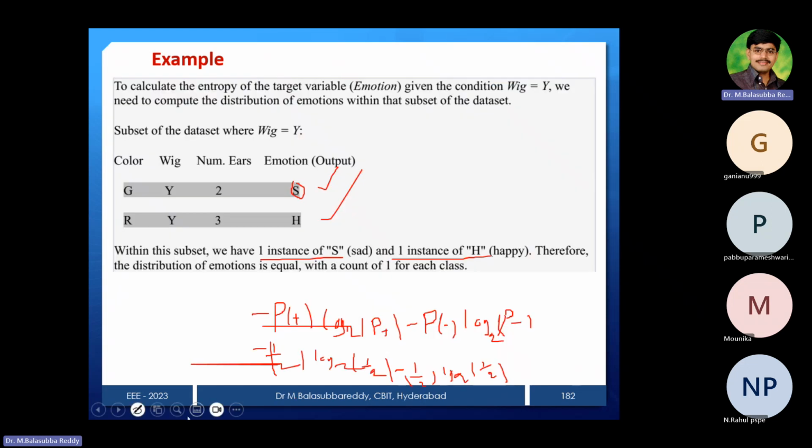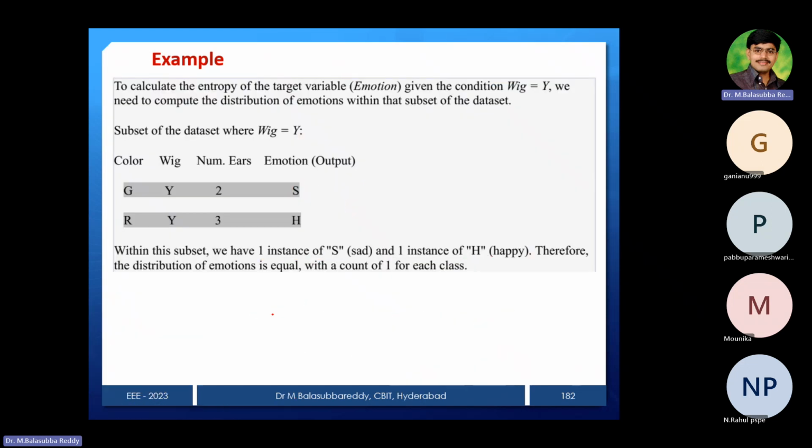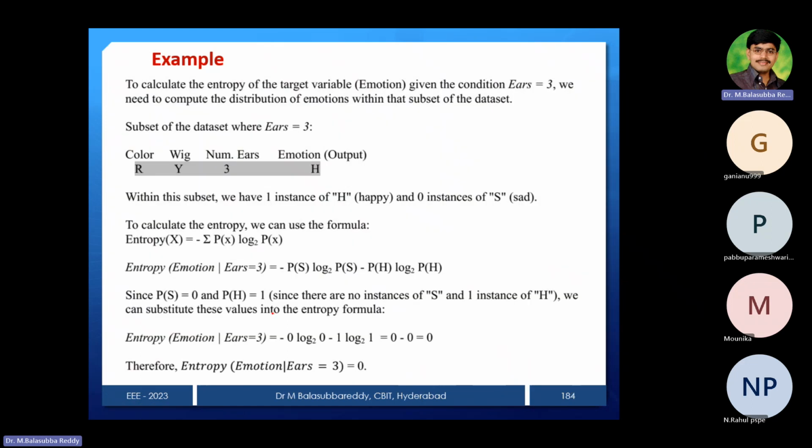Before that, you have to calculate the entropy. In that case, what is happening? Only one option is there with the number of years being 3. Now we can calculate the entropy.